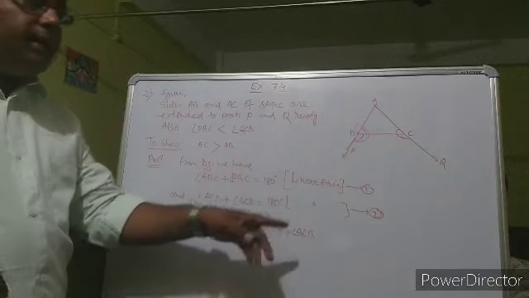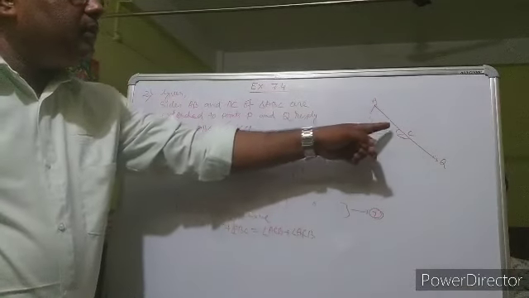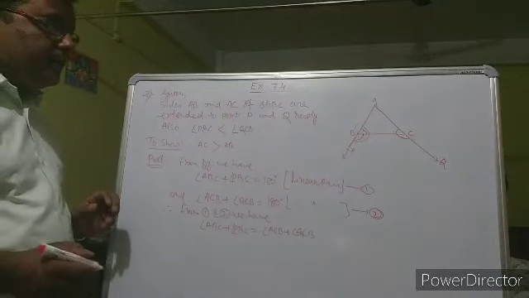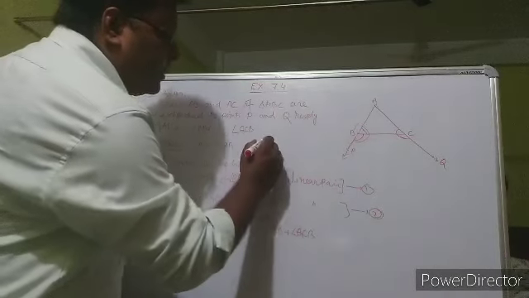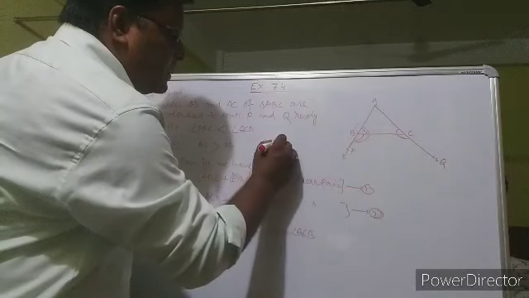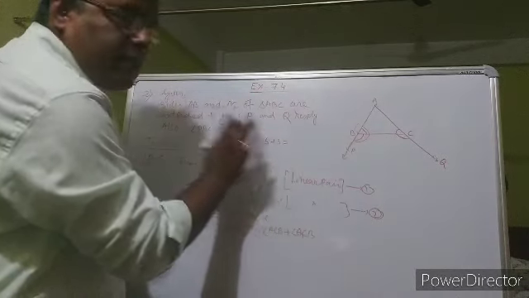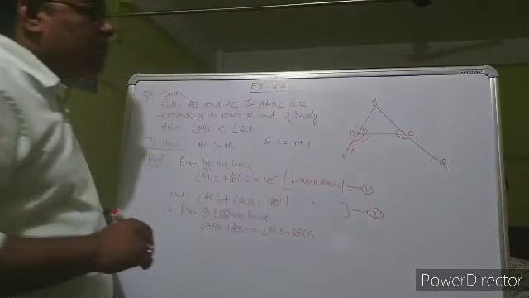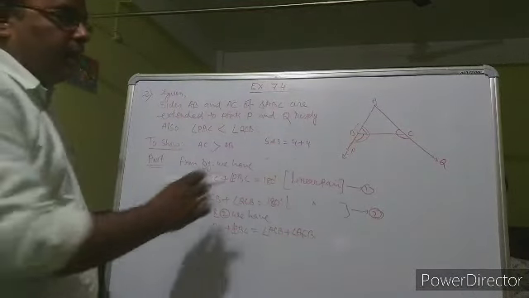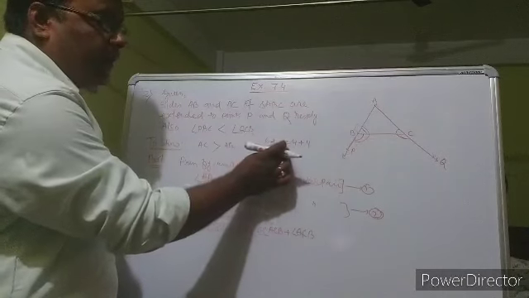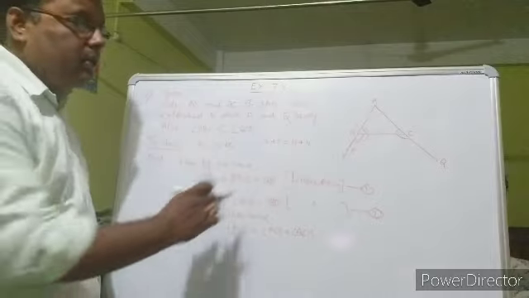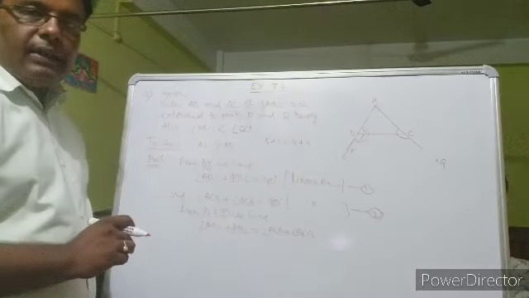That is, the sum of these two angles is equal to the sum of these two angles. Now see one thing. 5 plus 3 is equal to 8, and 4 plus 4 is also 8. So we can give an equal sign here.